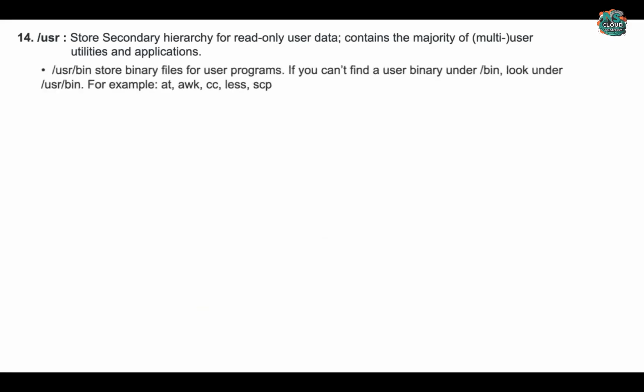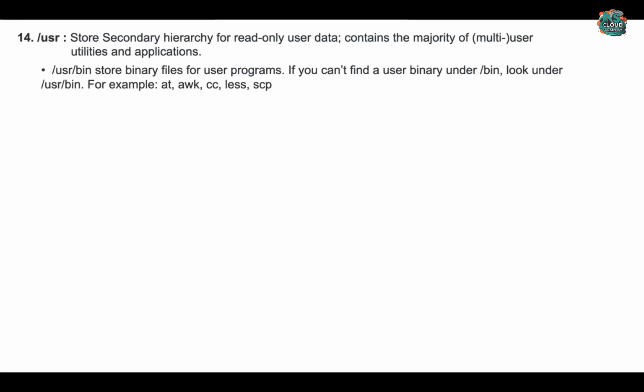Okay. Next, the /usr directory. It stores the secondary hierarchy for read-only user data, containing the majority of multi-user utilities and applications. /usr/bin stores binaries for user programs. If you can't find a user binary under /bin, look under /usr/bin.